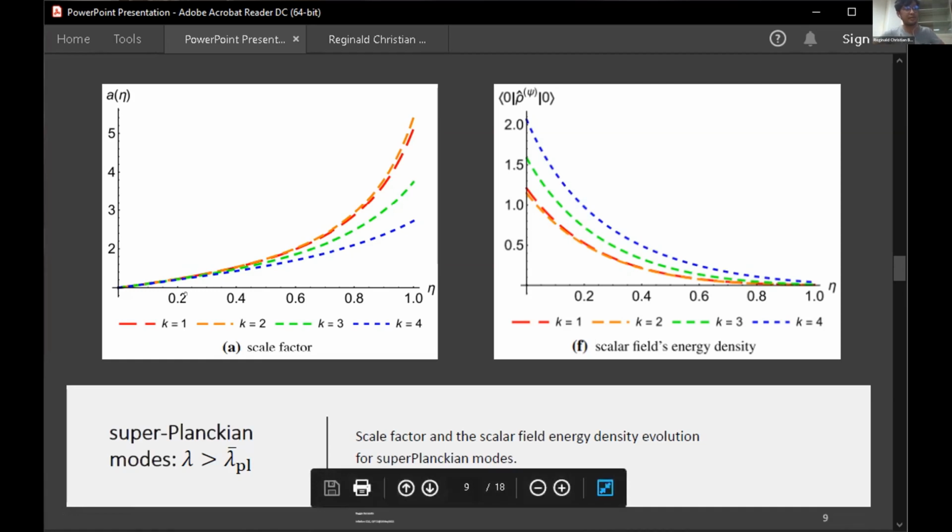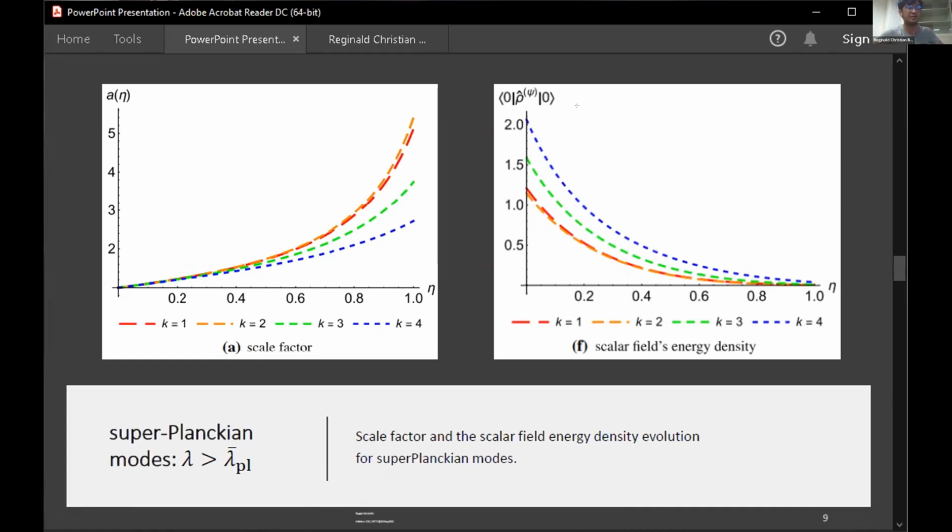Anyway, this is showing the scale factor and then the energy density of the scalar, and we can see here that k is the wave number, so increasing wave numbers, decreasing the wavelength. As I am increasing the wave numbers, approaching smaller values of the wavelength, we can see that the scale factor would tend to decrease even more.